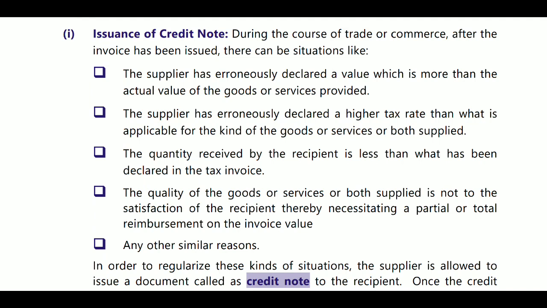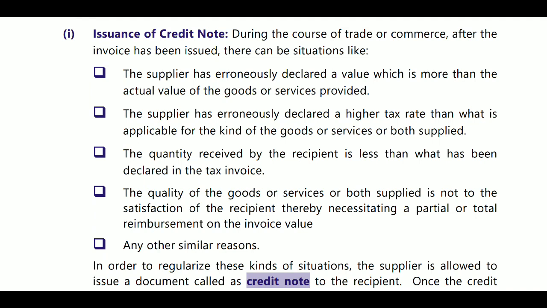The supplier will tell that information and any other similar reasons. So here, what are the four cases? One, taxable value in the invoice greater than taxable value in respect of such supply.